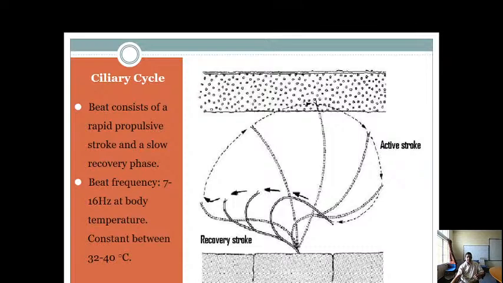So that is how the mucus is being taken away. The cilia, as I said, are not governed by any of these nervous systems, but they have the intricate mechanism to vibrate, and the normal beat is 17 to 16 hertz at the body temperature.